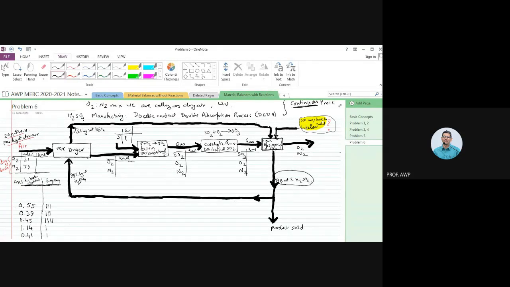Sarthak here, sir. Initially I got 0.45, but I want to change it to 0.39. All right. So 0.39 seems to be a popular answer.